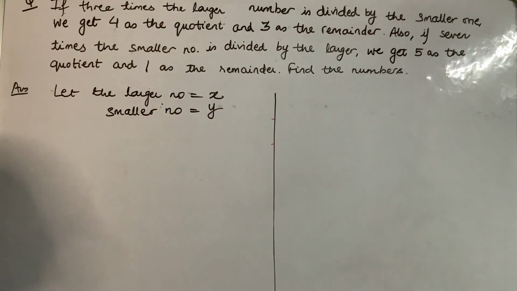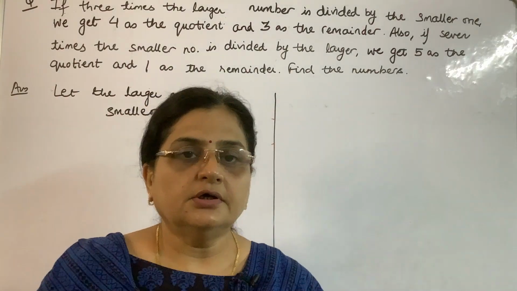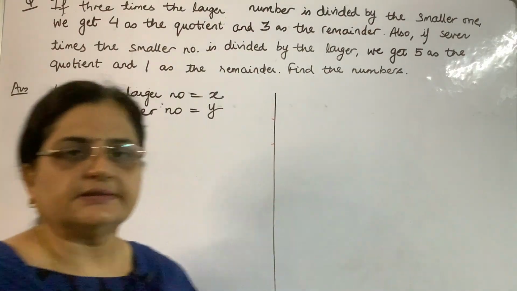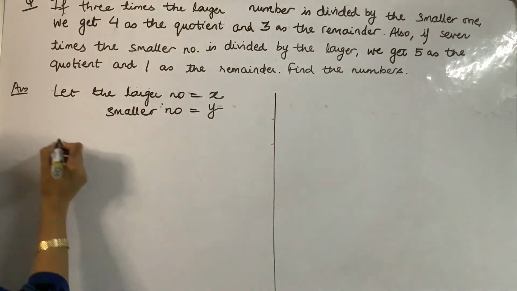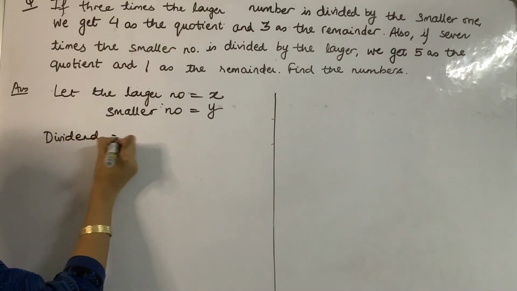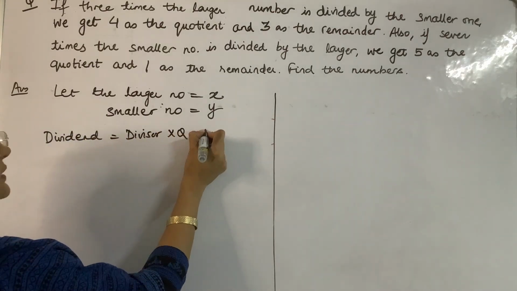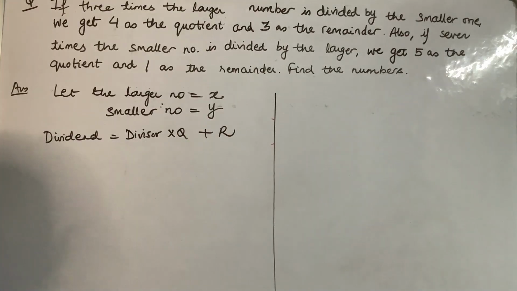Now they are talking about dividend, divisor, quotient and remainder. If you remember in your junior classes, we did the division algorithm which said dividend is equal to divisor into quotient plus remainder.